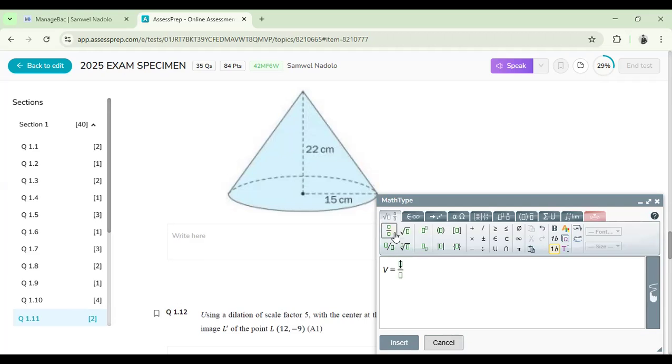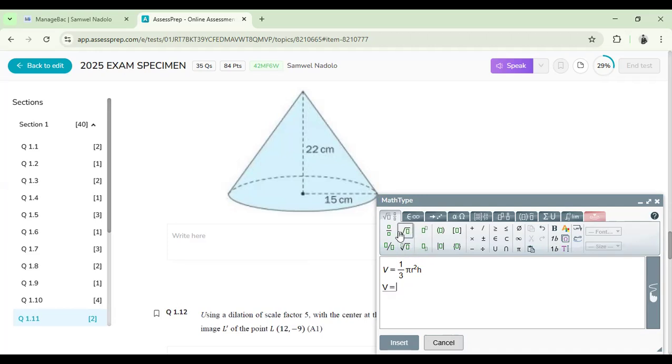In this case, the formula for finding the volume of a cone, this is a cone-shaped object, is given by a third pi r squared times h, which is the perpendicular height. And all these things are given in the diagram.